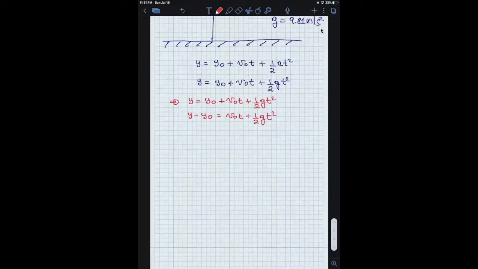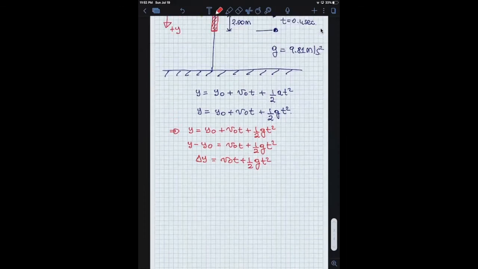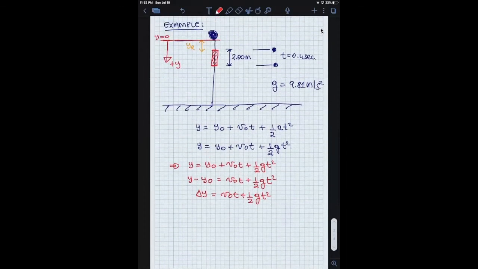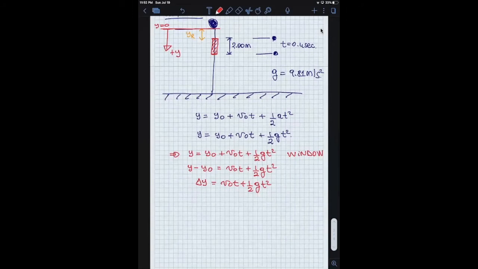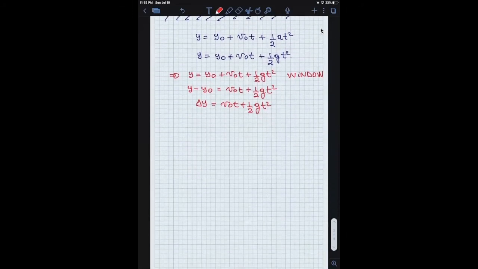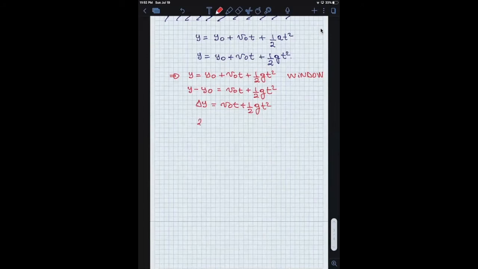Y minus y naught, I can write as delta y is equal to v naught t plus 1/2 g t squared. So the red region is the region of the window. Delta y is the height of the window, which is 2 meters.